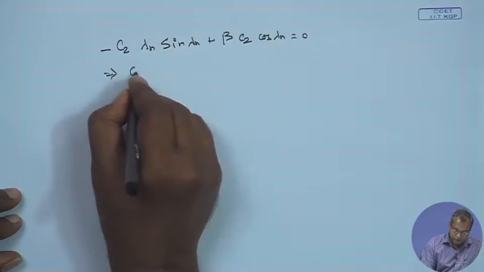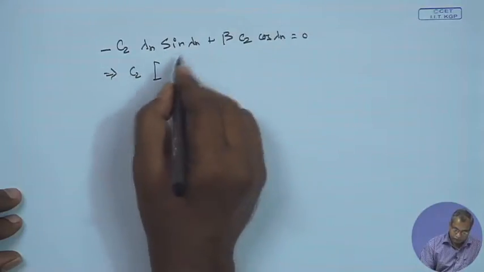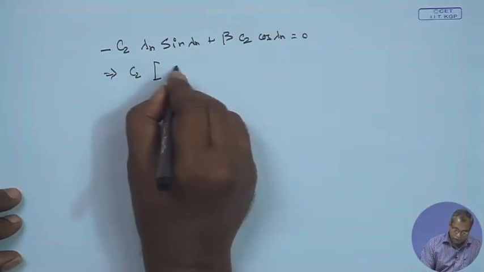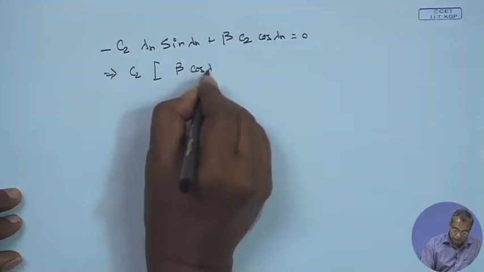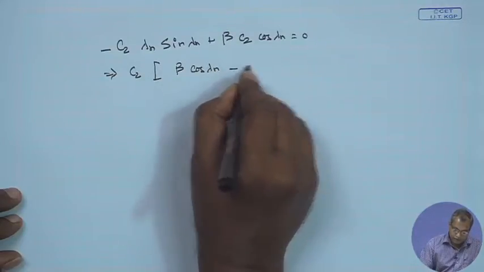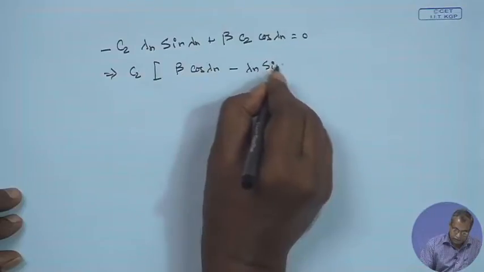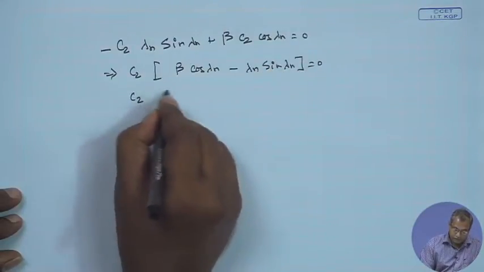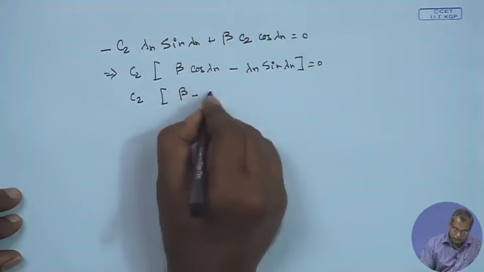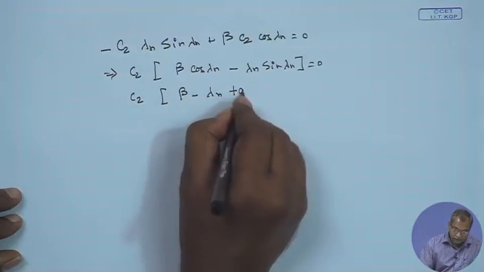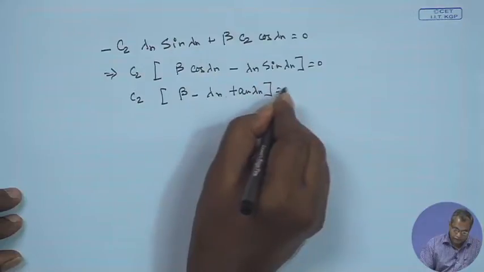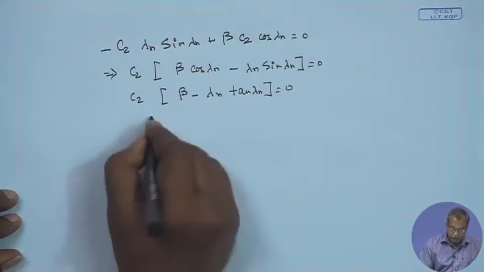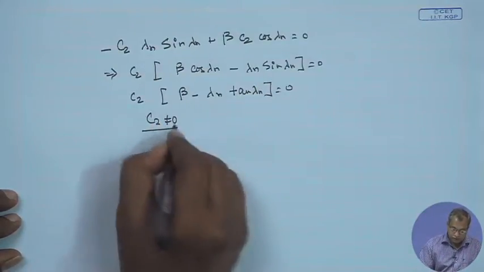Therefore C2 is in common, so C2 times beta cos lambda n minus lambda n sin lambda n will be equal to 0. In order to have a non-trivial solution, C2 must not be equal to 0.